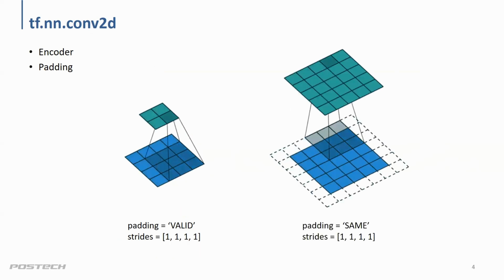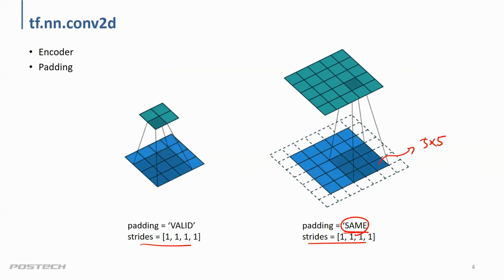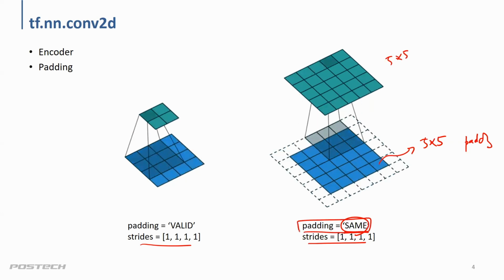And another example, here it's the same stride. If you have padding, then the padding is same. Here the original image size is 5x5, and we did padding, so the output is also 5x5. Having this option, we keep the input and output image sizes the same before and after the convolution.